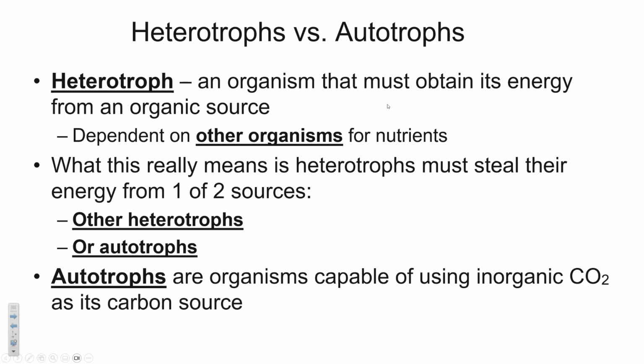And autotrophs are essentially organisms that can get their energy from an inorganic source, which is largely predicated around things like carbon dioxide, but also water. So these are very commonly things like plants. Plants can simply suck CO2 and water out of the air and build their energy sources just using the inorganic molecules in the air. You and I as animals can't do that, so we're heterotrophs. Plants and things like algae are a distinct group that are referred to as autotrophs.